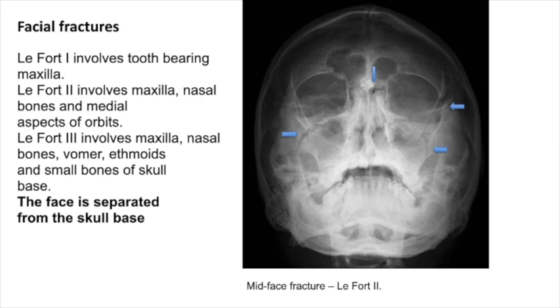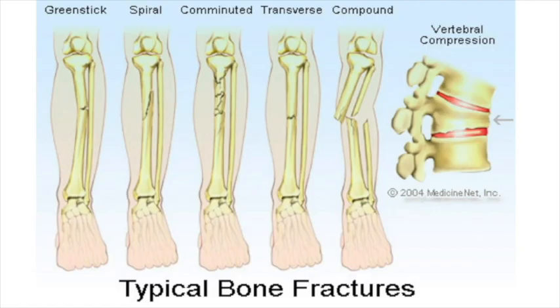Now, let's talk about the classification of fractures. There are multiple classifications. I think there are more than 100, okay? But they are very similar to each other. Basically, fractures can be divided into greenstick, spiral, comminuted, transverse, or compound.